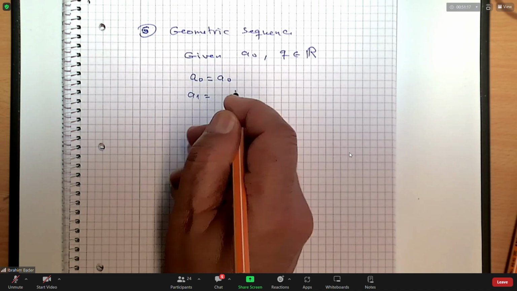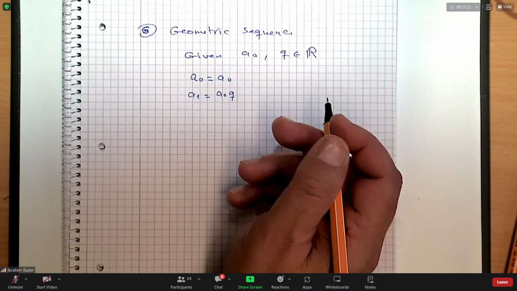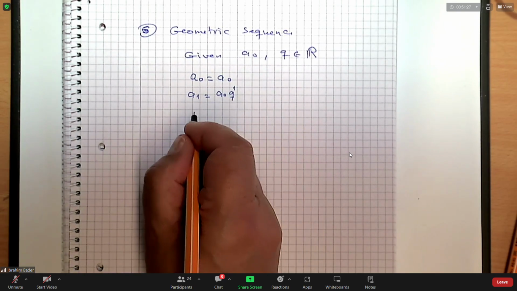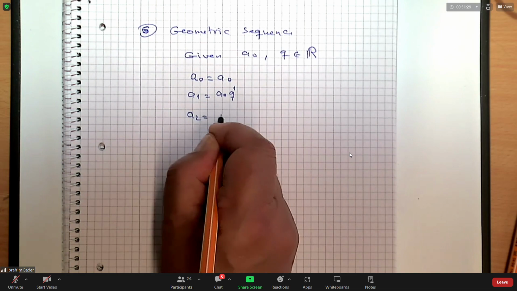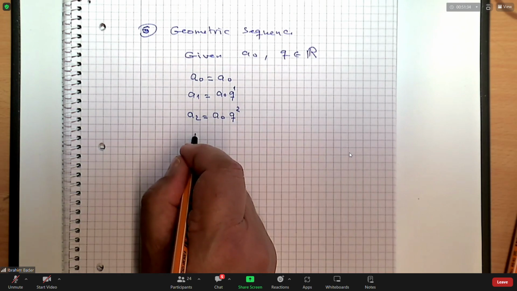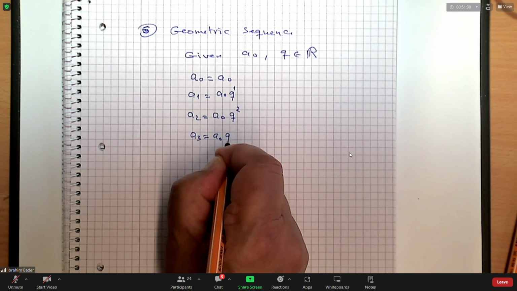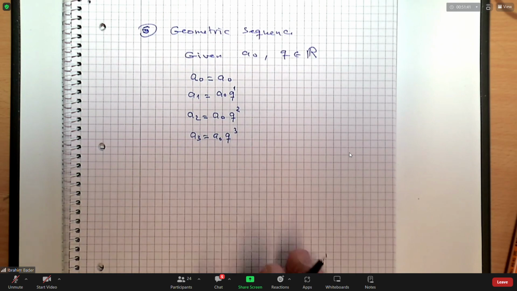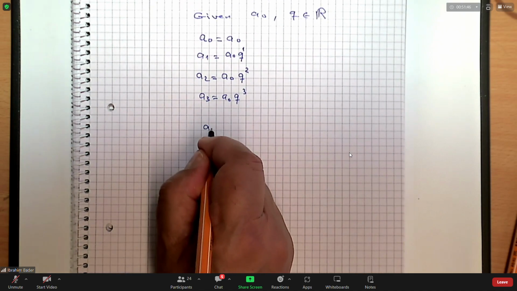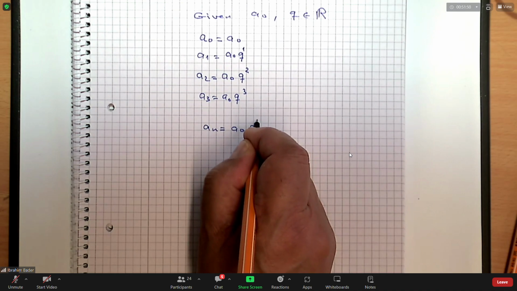A1 equals A0 times Q, Q to the power 1, which is Q, of course. A2 equals A0 times Q squared. A3 equals A0 times Q cube, and so on. So in general, you have here AN equals A0 times Q to the power N.